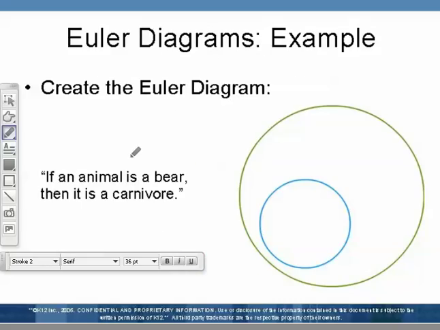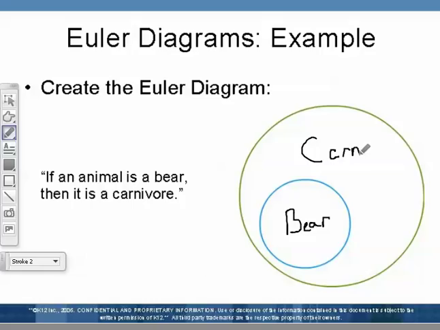Okay, here's a situation. Create the Euler diagram. If an animal is a bear, then it is a carnivore. Bear goes in the middle, in the small circle, B-E-A-R, and carnivore goes out here. You're getting the idea, even though I can't spell.